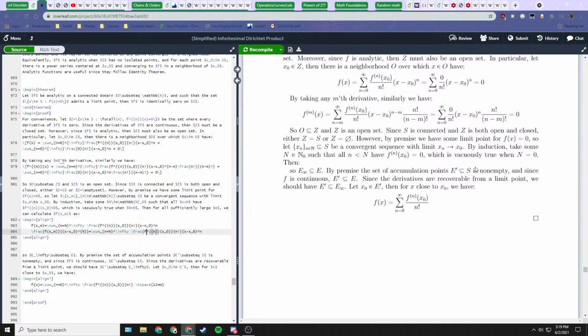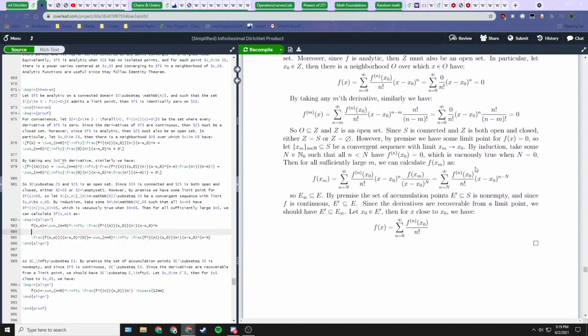This is the summation. We're doing little n up to capital N.